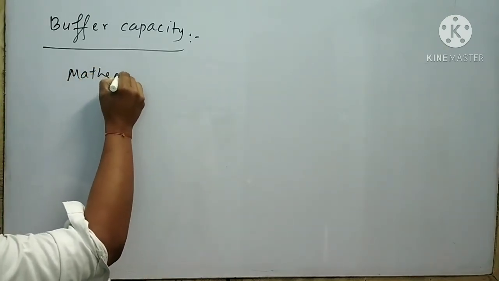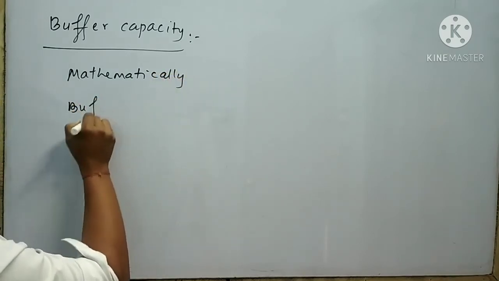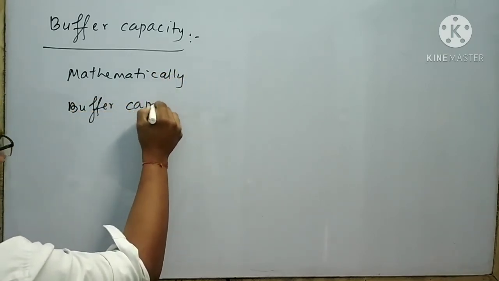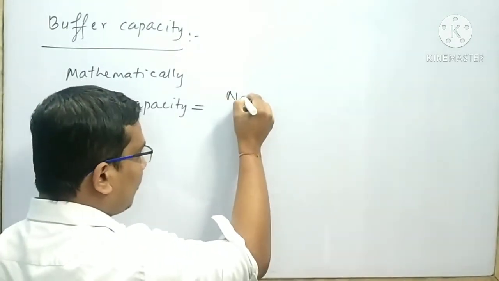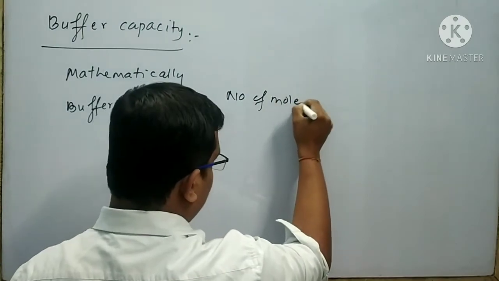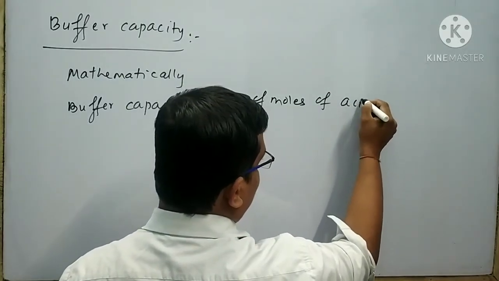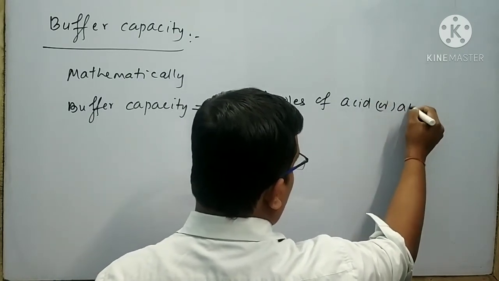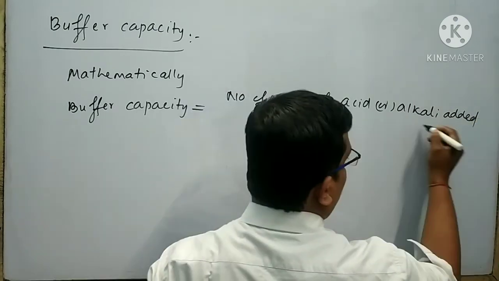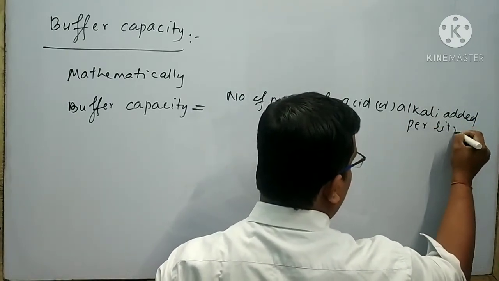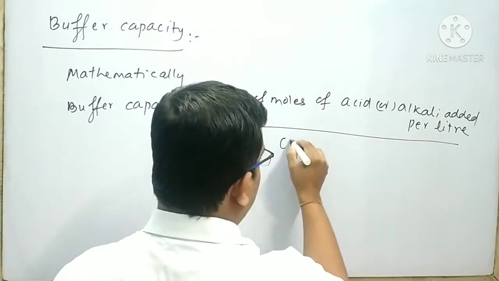Mathematically, I can write buffer capacity equal to the number of moles of acid or alkali added per liter divided by the change in pH.